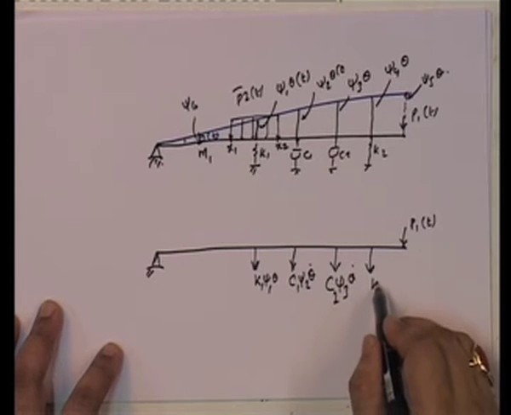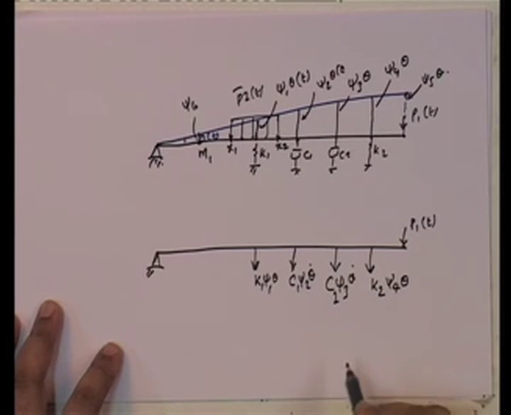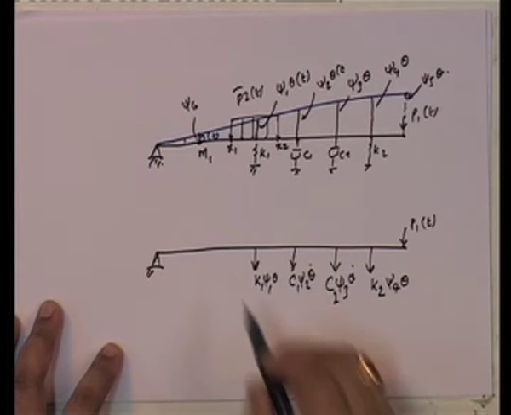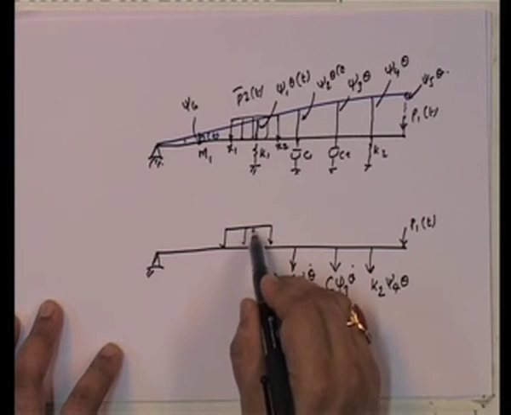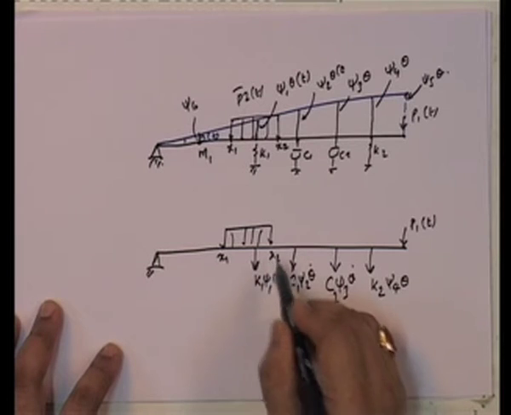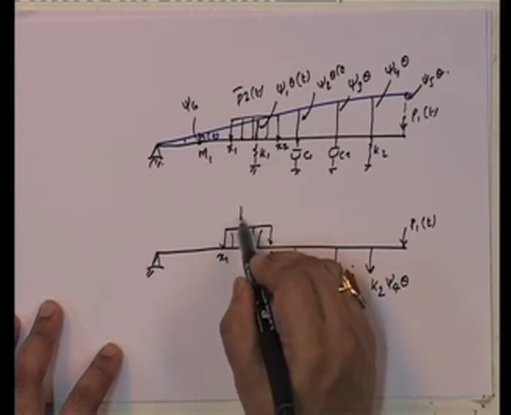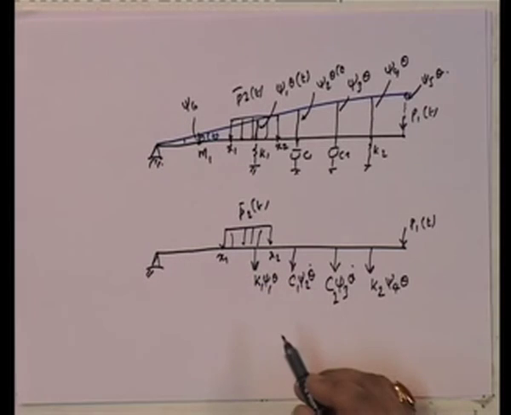This is going to be K 2 xi 4 theta. Okay. And what else? Well, there is this force going from x 1 to x 2, and this is p bar.